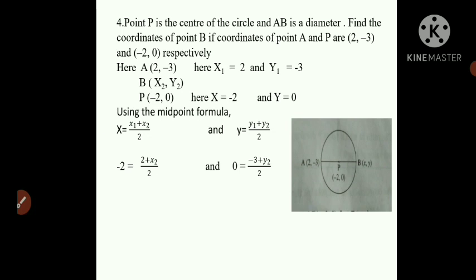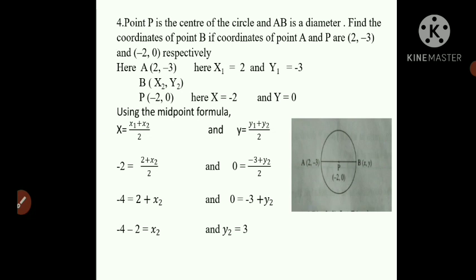Again we will do cross multiplication. From the left hand side -2, I will multiply with the denominator 2. So -2 into 2 becomes -4 is equal to 2 plus x2 remains same. And here see, 0 into 2 will be 0 is equal to -3 plus y2. So now see, -4 remains same. From the right hand side I will shift 2 to the left hand side, so plus becomes minus.